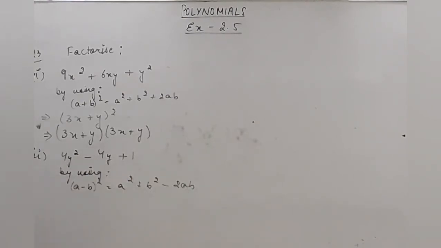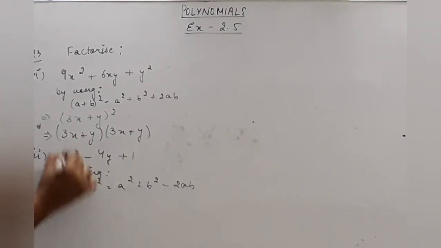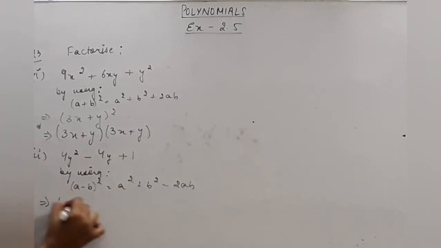This is the identity we are going to use in this part. So you can write it in the simplest form. What is the simplest form? (2y) whole square, then minus 2 into 2y plus 1.